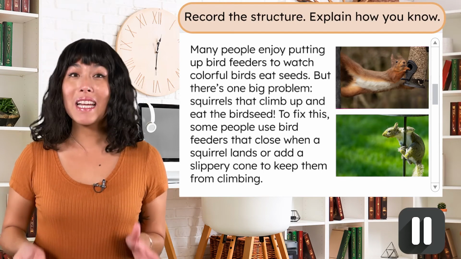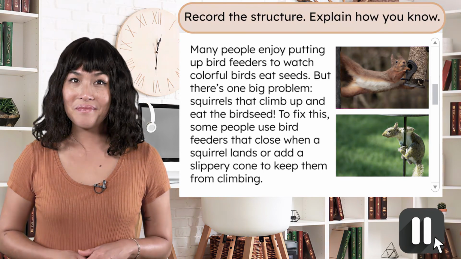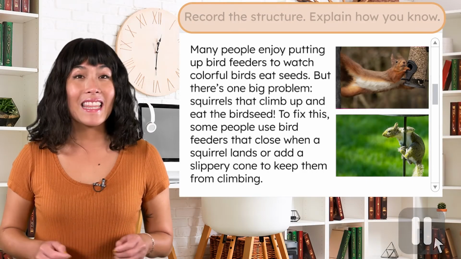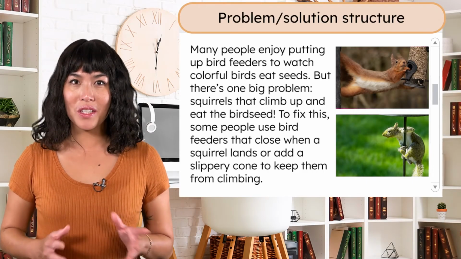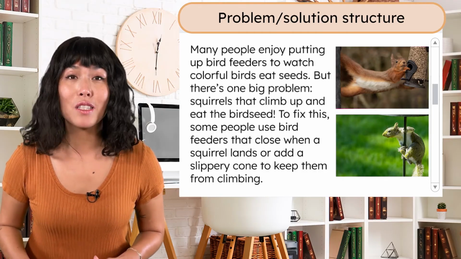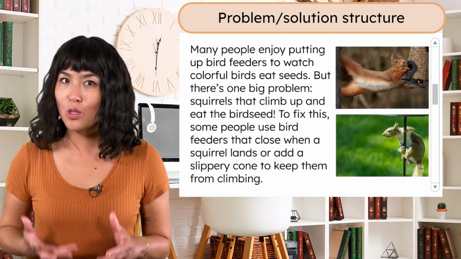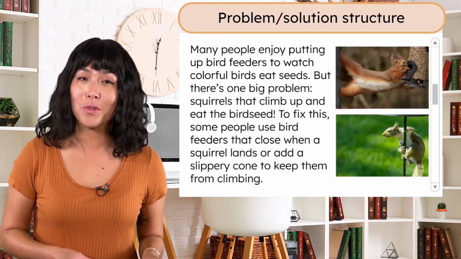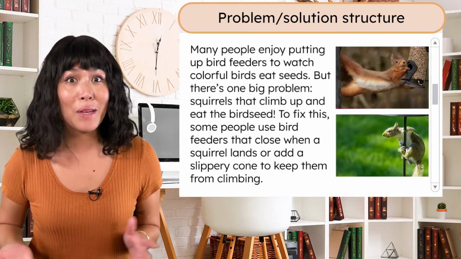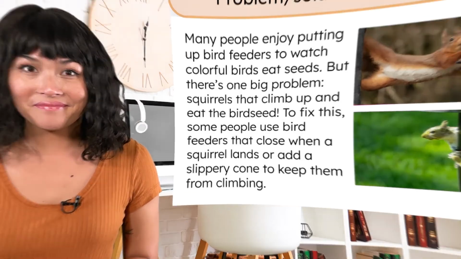This time, explain how you know. This is a problem-solution structure because the author explains the problem: squirrels eating the bird's food, and 2 ways to keep it from happening. Today, we learned that authors use different structures to organize information.